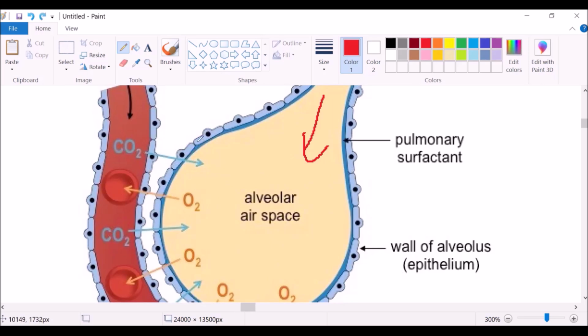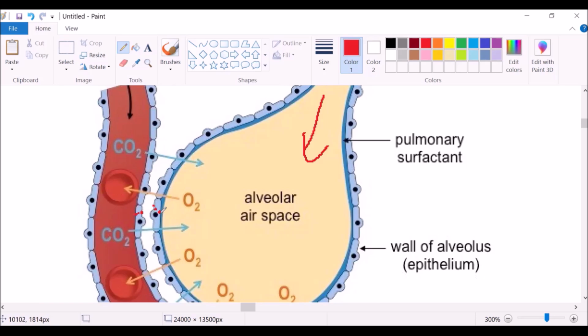The alveolus is a cell thick, and each of these structures represent a cell. The capillaries are also a cell thick. So oxygen has to pass through this membrane here, this cytoplasm, this membrane there, this membrane there, this cytoplasm, this membrane here.